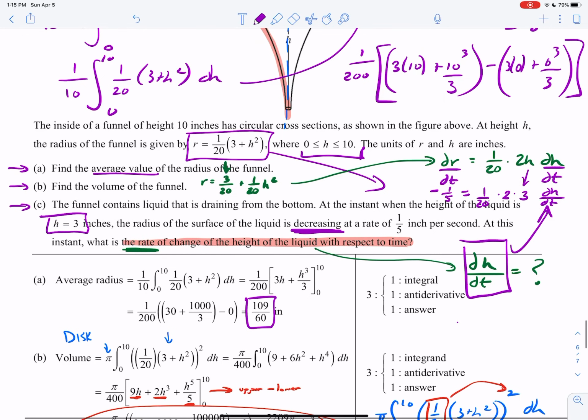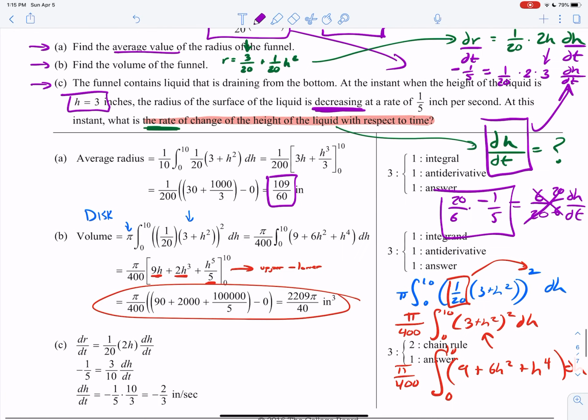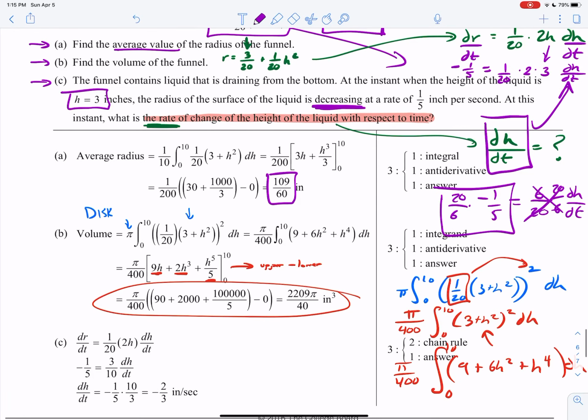But I'll keep going. Negative 1/5 is equal to 6 over 20 dh dt. I'm going to multiply both sides by 20 over 6. And then dh dt will be that answer right there. Equals equal. You don't have to keep going, okay? They don't ask for units either, so just keep that in mind.